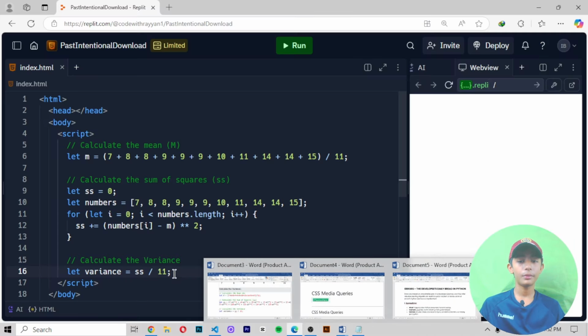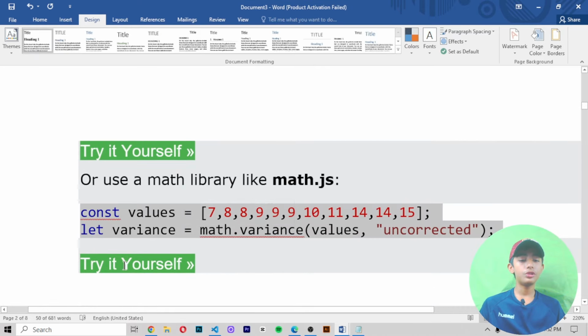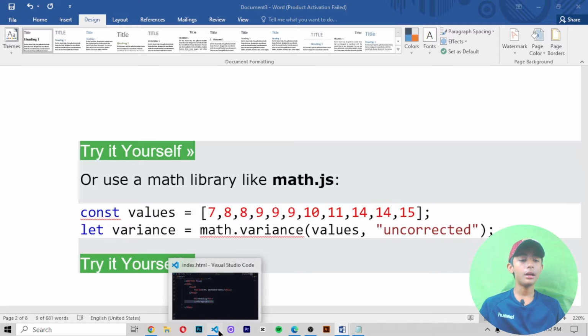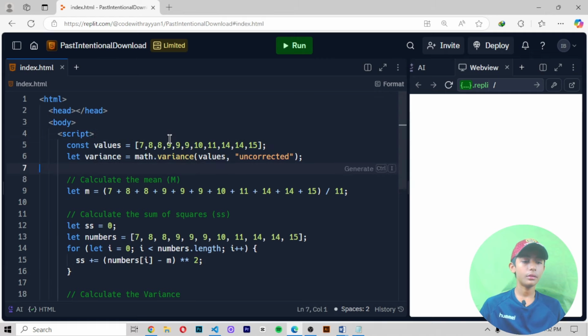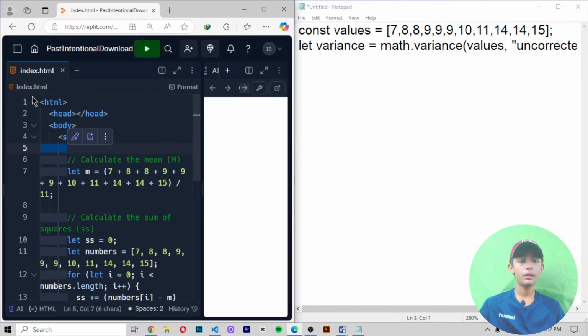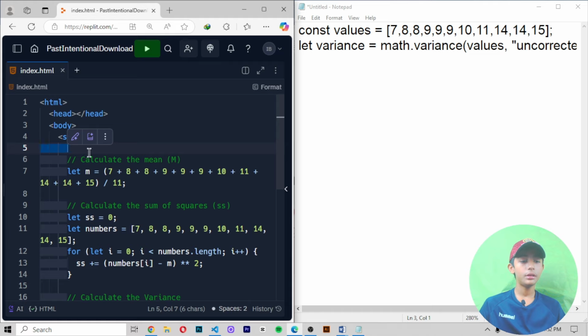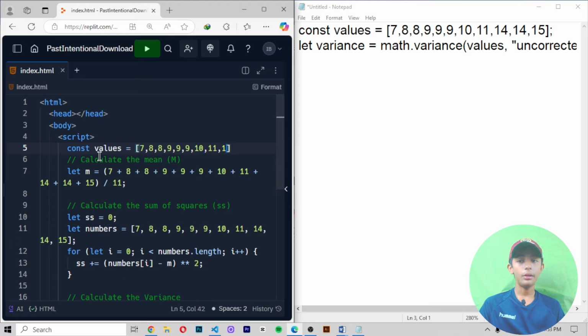Now use the math library like math.js, or you can also use a math library like math.js. So how to use it, let me tell you. First of all, you write here const values equals, in brackets, 7, 8, 8, 9, 9, 9, 10, 11, 14, 14, 15.